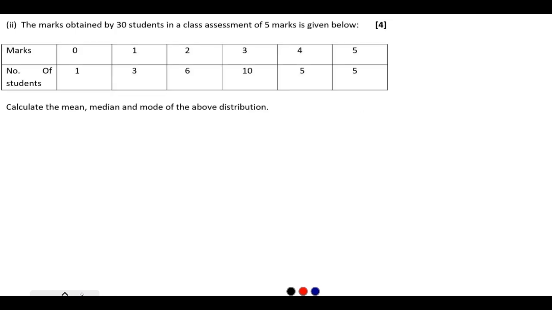Second part of this question: the marks obtained by 30 students in a class assessment of 5 marks are given below. Marks and number of students are given. Calculate the mean, median and mode of the above distribution.